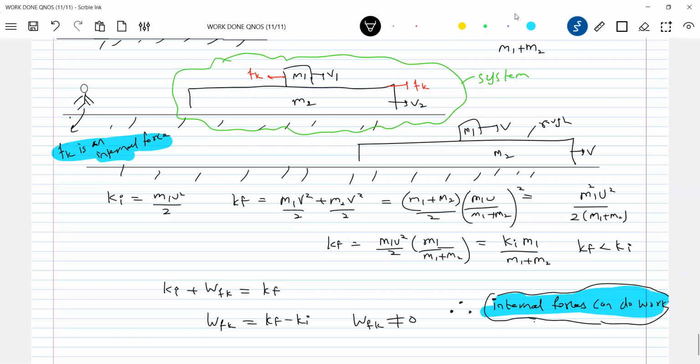Now, sir, where does this energy go? Heat is generated. So it will be converted into heat at the interface of block and plank. In exams, you have to be very careful when you encounter theoretical questions.